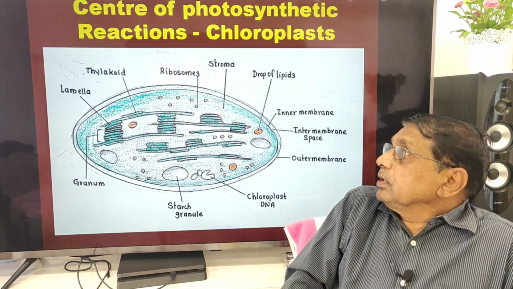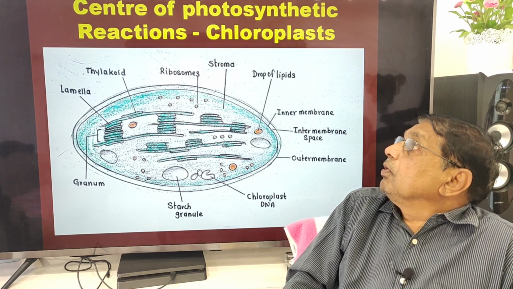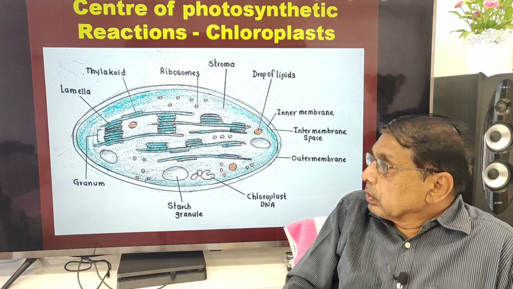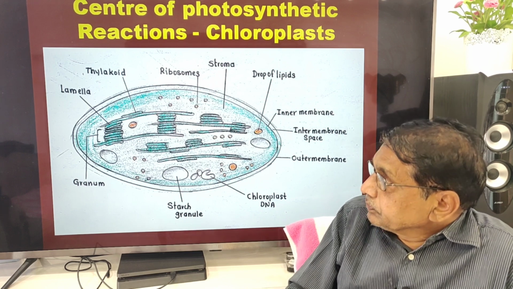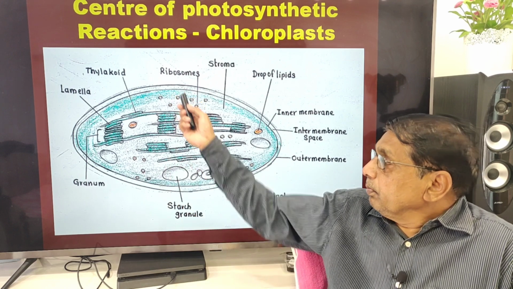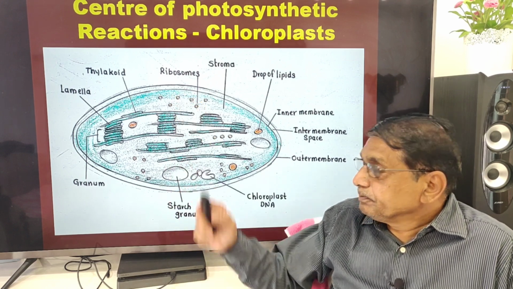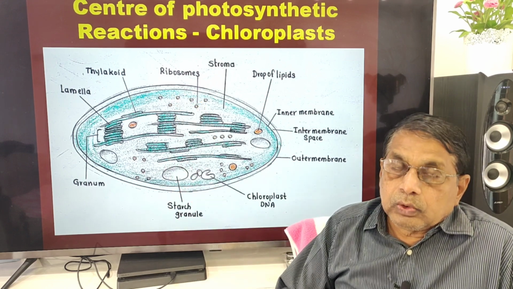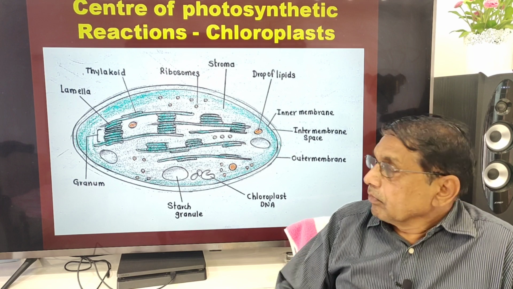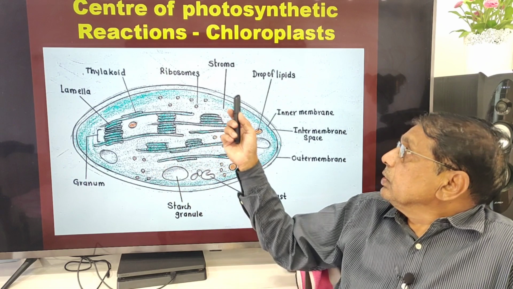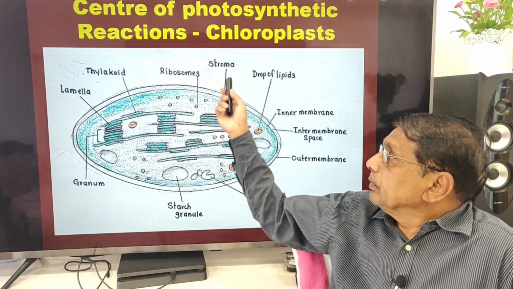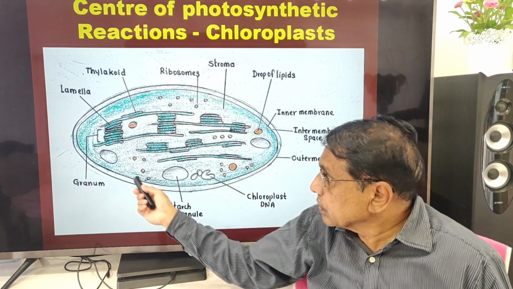So this is the structure of the typical chloroplast in eukaryotic cells, higher plants. A double membranous structure, two membranes. Then this inner substance is known as the stroma.